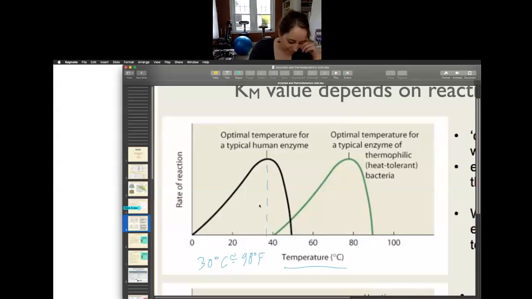Now here we see a different graph, and it says that this is the optimal temperature for a typical enzyme of thermophilic heat-tolerant bacteria. And so this is obviously much higher.